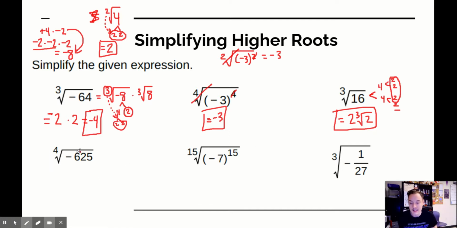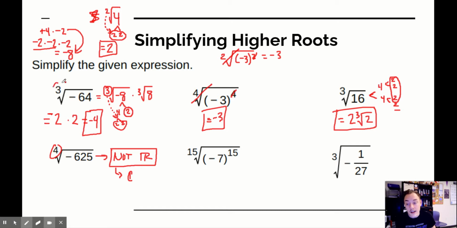Now, what about this? Notice how it's an even number and it's a negative. We can simplify this if we wanted to using imaginary numbers, but I'm not going to teach that to you. This is actually just not real. This is not a real number, and that is my final answer. Instead, it will be what we call a complex number, because it's even, so it can't have a negative underneath the radical.